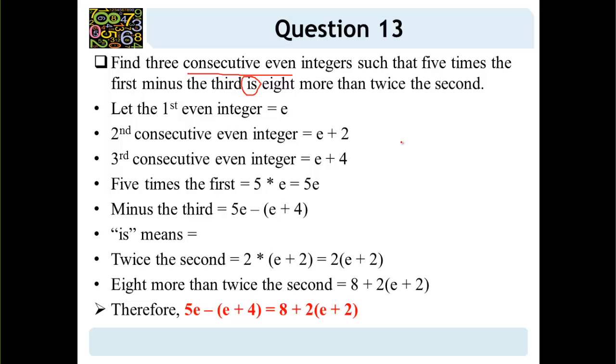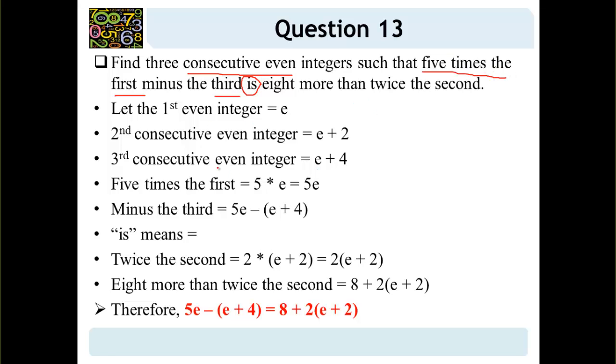Now we look at the left hand side: 5 times the first minus the third. So we have the third, and then we have 5 times the first, and then we subtract the third from 5 times the first. Here we can just work it straightforward.